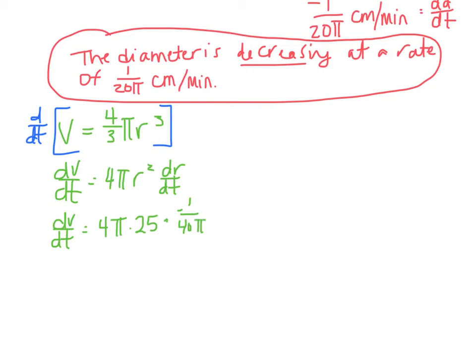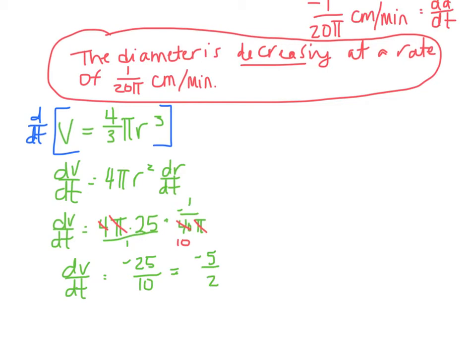So let's try and simplify this a little bit. Remember, this 4 pi and the 25 are all over 1, and so anything in the top can cancel with anything in the bottom. So I can cancel those pi's. I can cancel 4 into 40 10 times. What we end up with here is dv dt equals negative 25 over 10, which is the same as negative 5 over 2.